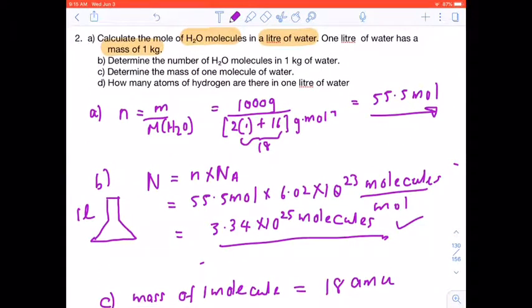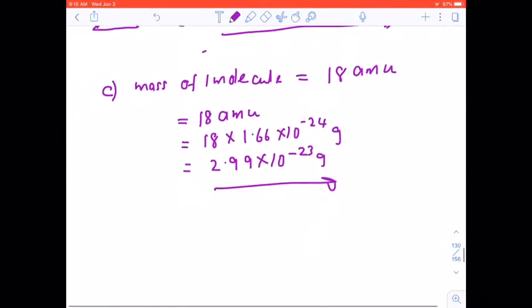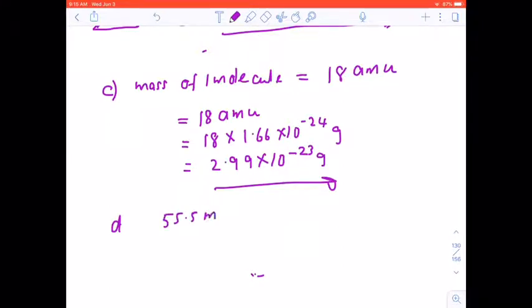Right, now it says how many hydrogen atoms are there in 1 liter of water. Okay, so we have D. So we got 1 liter, and in 1 liter we know we got 55.5 moles of H2O. If we have 55.5 moles of H2O, then how many hydrogen atoms do we have there?